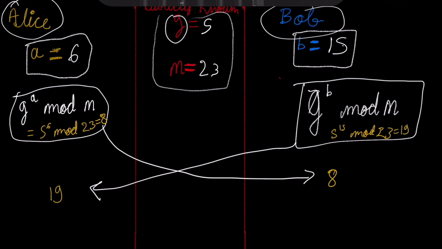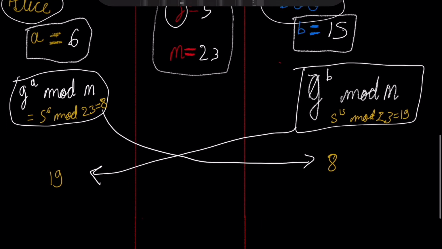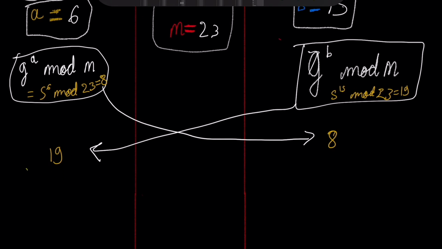So 19 comes here, and this was g to the b mod n, and this was g to the a mod n. And here comes the fun part.